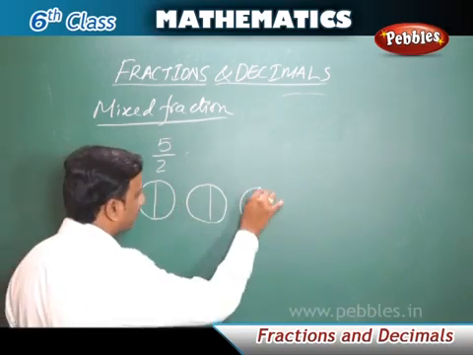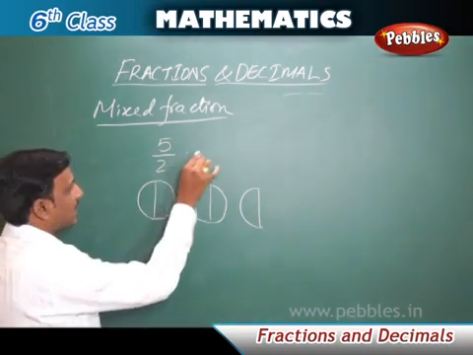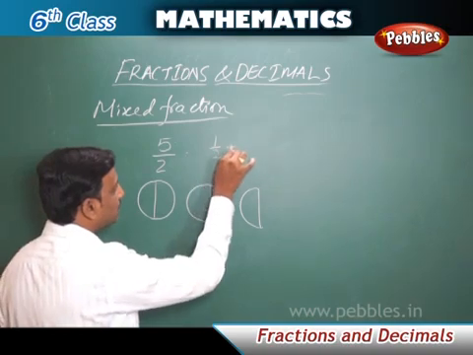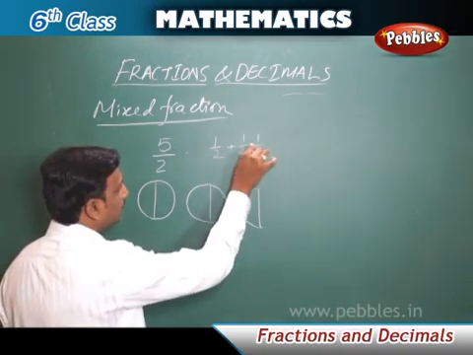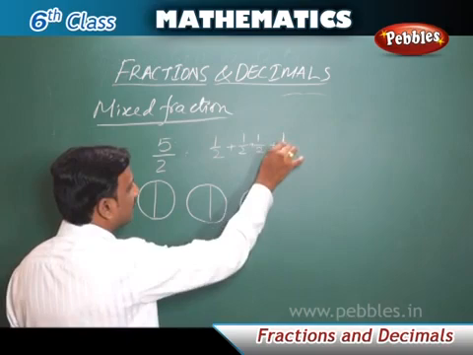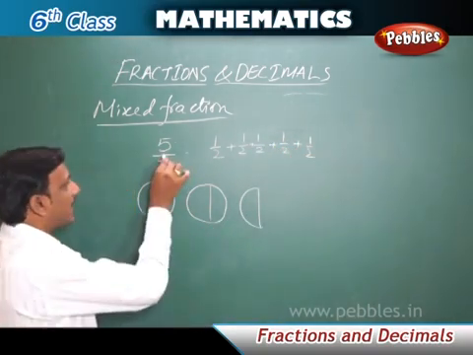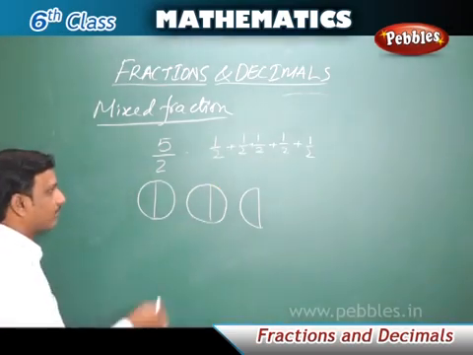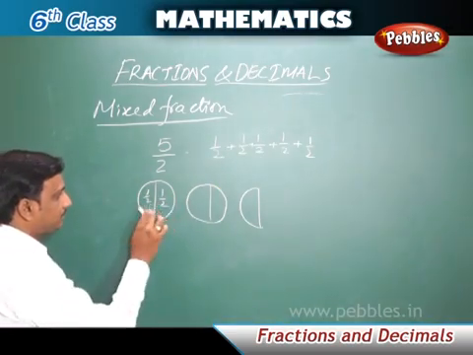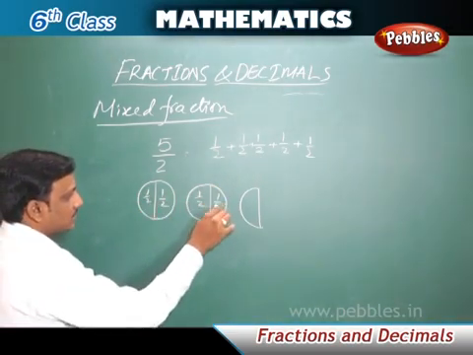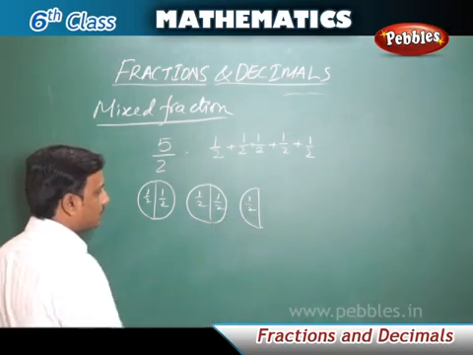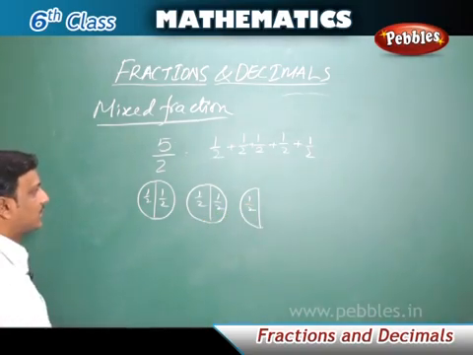and a half. That means 5/2 means 1/2 plus 1/2 plus 1/2 plus 1/2 plus 1/2. So it is having five 1/2s.